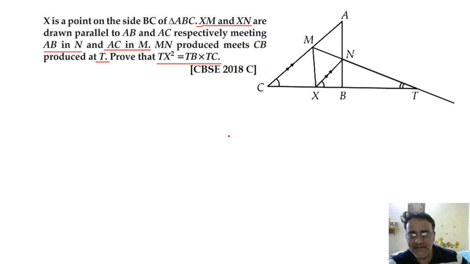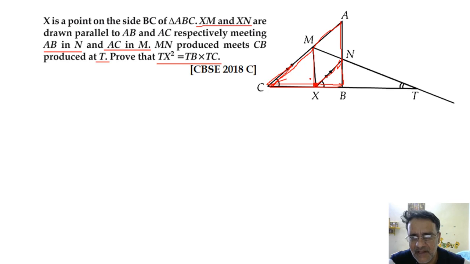Okay, this is the diagram. See, I will explain the diagram. X is a point on BC. This is the triangle, this is the original triangle where I am shading. Here X is the point, right? And XM is the line parallel to AB, and XN is the line parallel to AC.